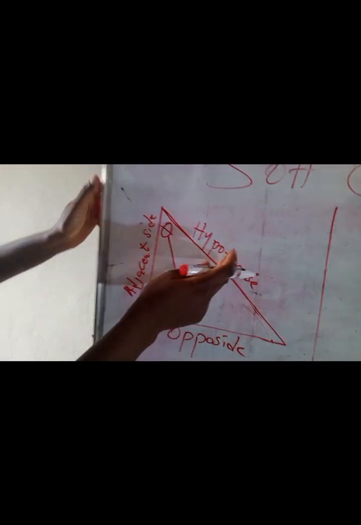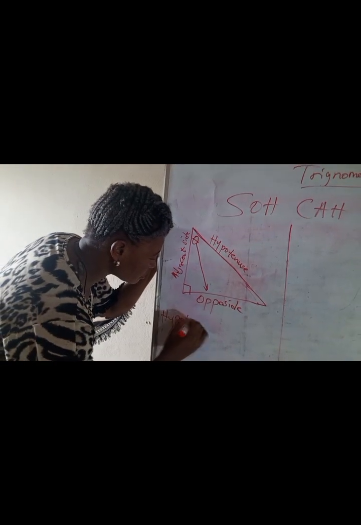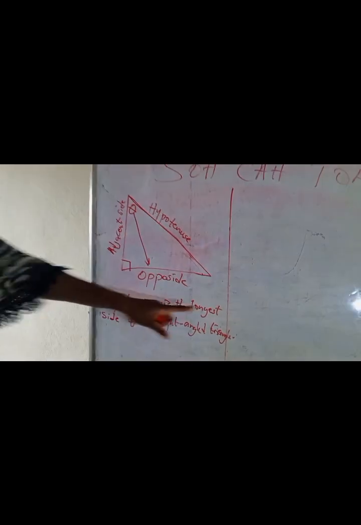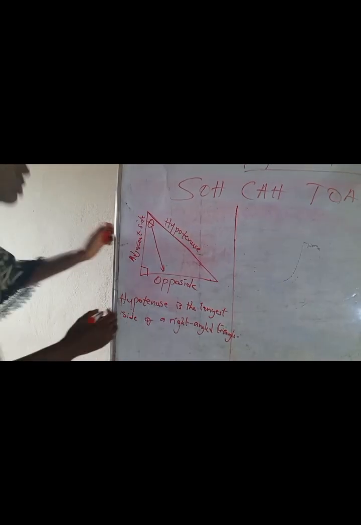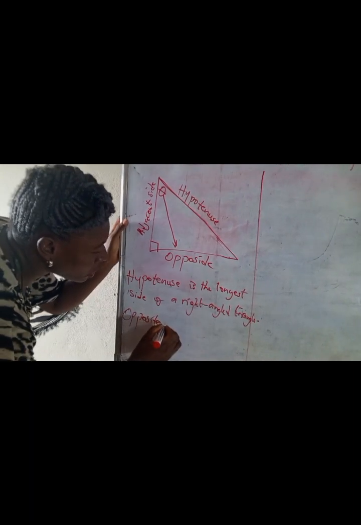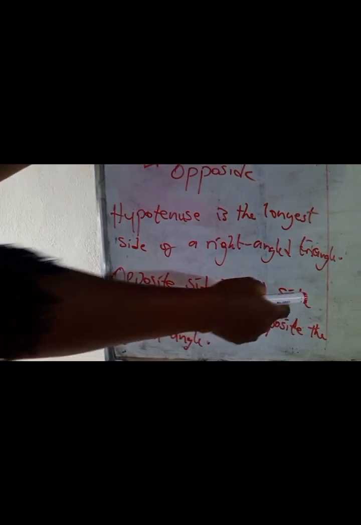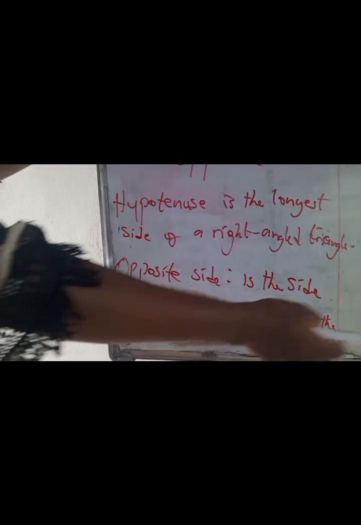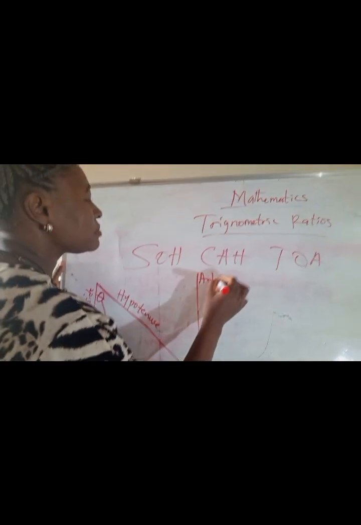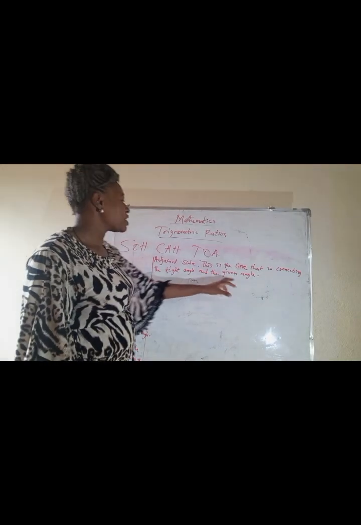So we can say that the hypotenuse is the longest side of a right angle triangle. The opposite side is the side that is vertically opposite the given angle, while the adjacent side is the line that is connecting the right angle and the given angle.